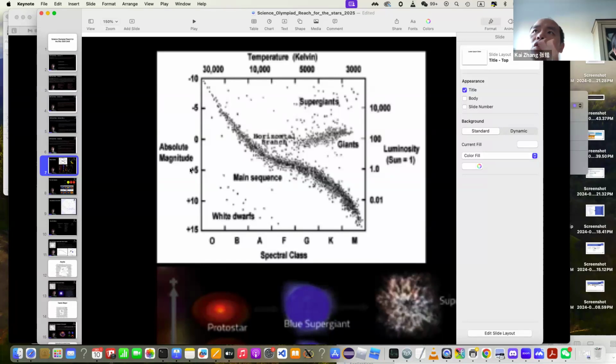And we have a conversion from luminosity to absolute magnitude. If you are interested, you can look at the formula. They have a one-to-one correlation. You can see here, absolute magnitude. It does not show which band it is here, because usually when you have a telescope and you are measuring a star, you have different kinds of filters, right?